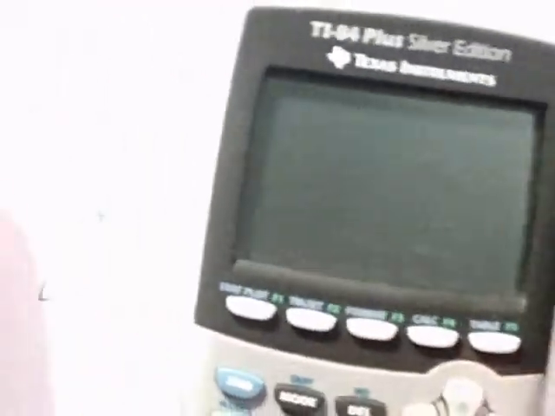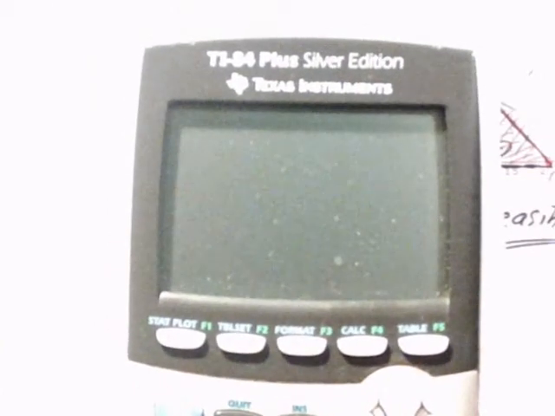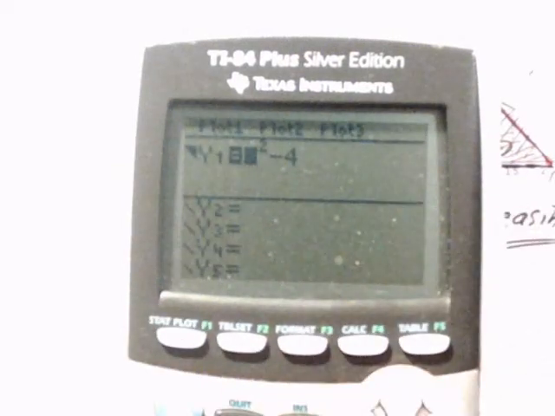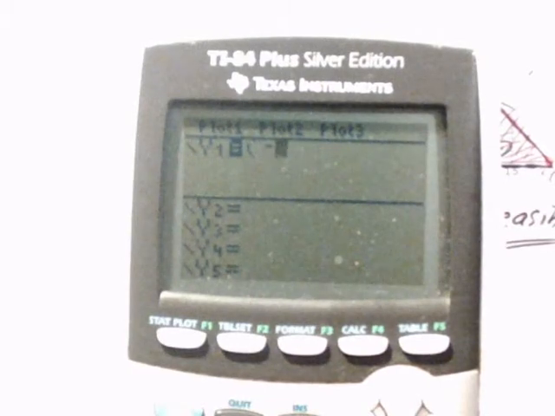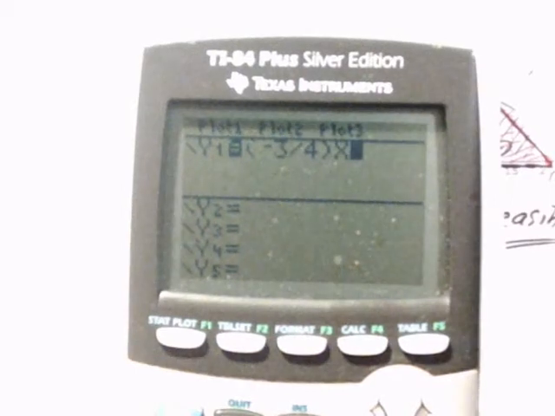The first one is, let me see. You have it and I have it, so I'm going to just put it in here. First one is parentheses negative 3 divided by 4 times x plus 15.